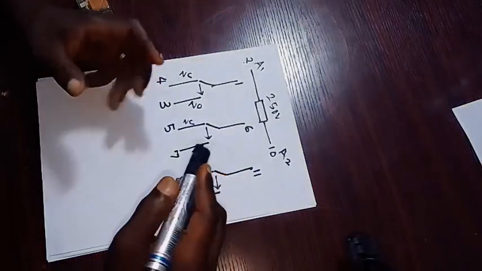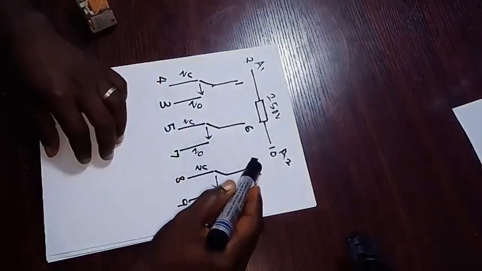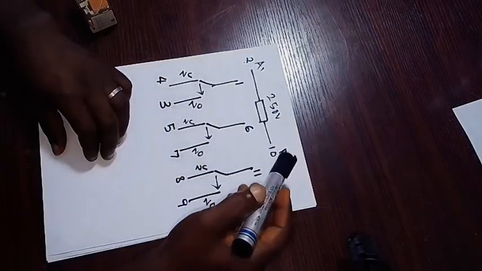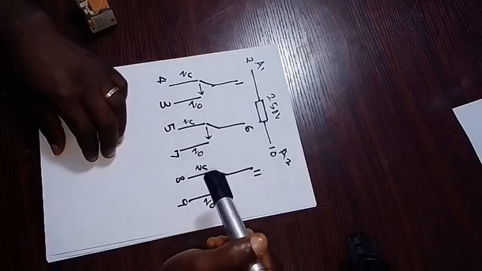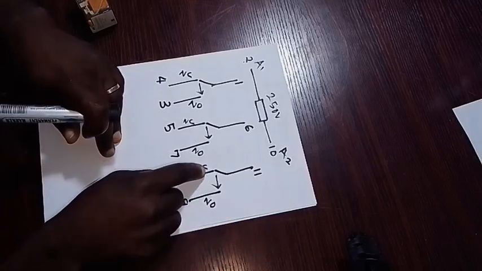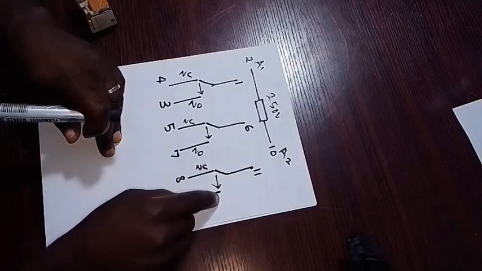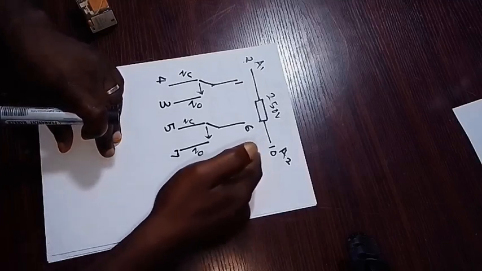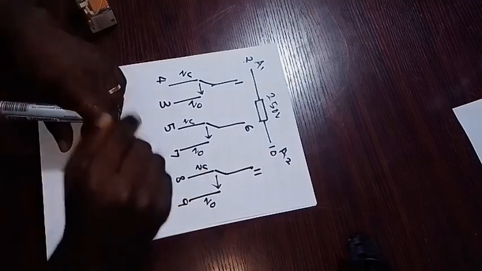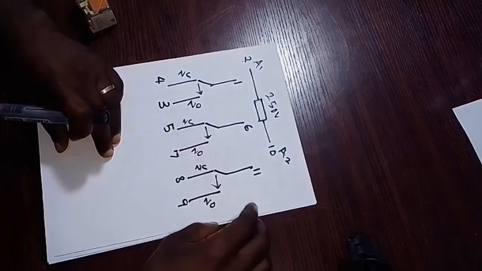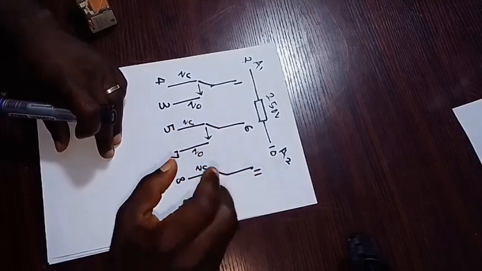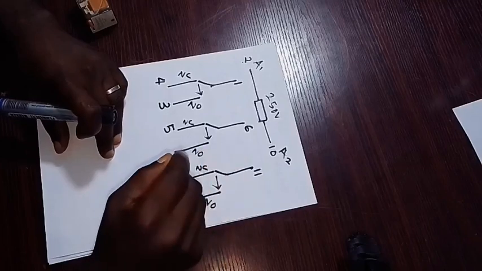When the sensor senses a signal and powers the coil, there is a shift from the normally closed to the normally open, thereby creating a pathway for current to operate the system. To have a vivid understanding, we are going to look at the practical section in our next video, and that will really help us.